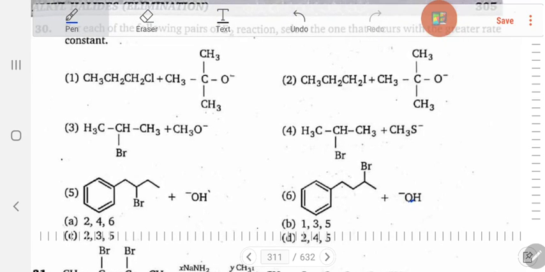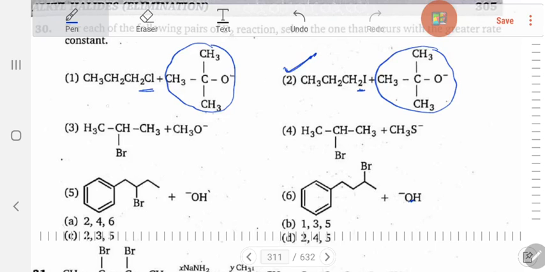So if you go for set 1, the base is bulky. When there is a bulky base, it prefers Hofmann product, right? Now here it is a poor leaving group, and here it is a good leaving group. When there is a good leaving group, alkene formation occurs readily. So here, it is 2.